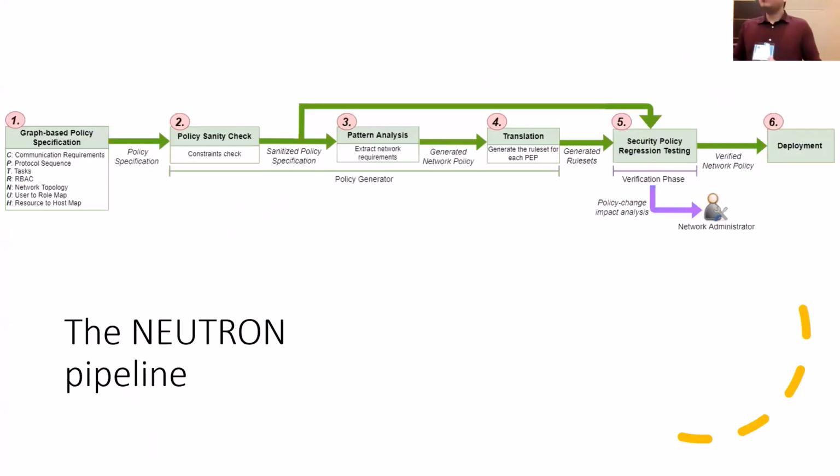So in this work, we propose NEUTRON, a policy framework that supports a comprehensive policy generation pipeline that spans all the way from specification to testing and deployment of policies in the networks.